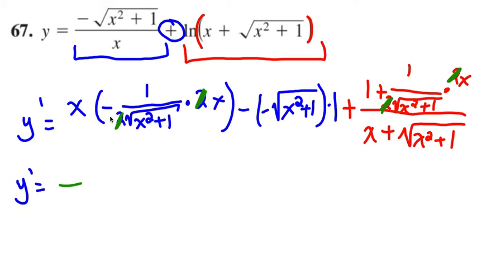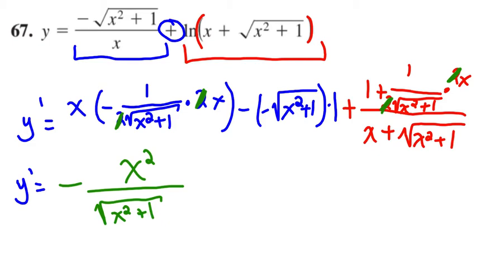Negative x times x would be x squared over this denominator, so square root of x squared plus 1, plus this in here, we have square root of x squared plus 1. Okay, so that's all the blue stuff.